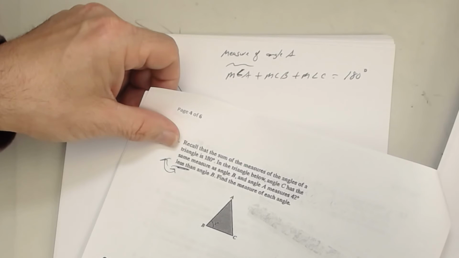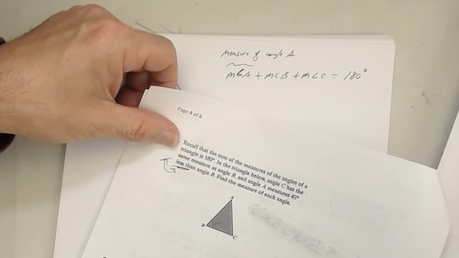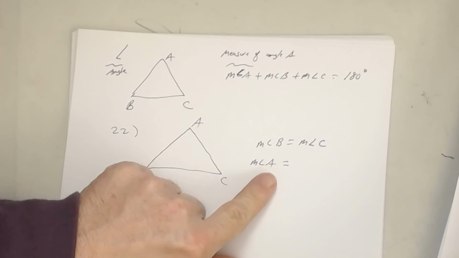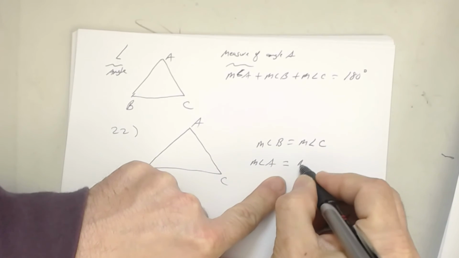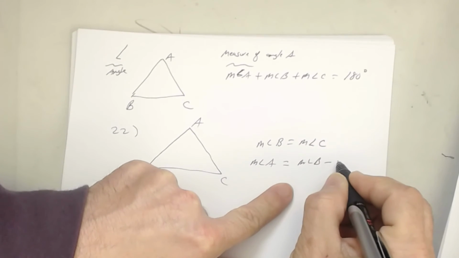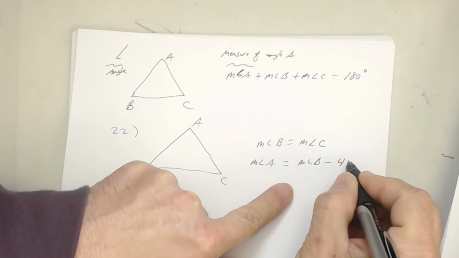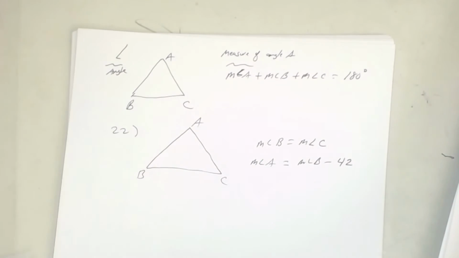So is it 42 minus angle B, or angle B minus 42? Angle B minus 42, because you have to reverse. So angle A is the measure of angle B minus 42. You have to remember that with the words less than, you reverse.